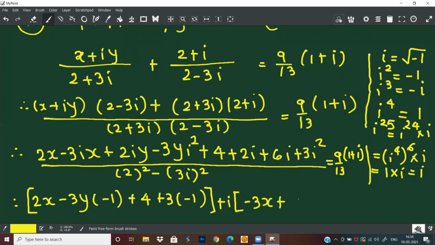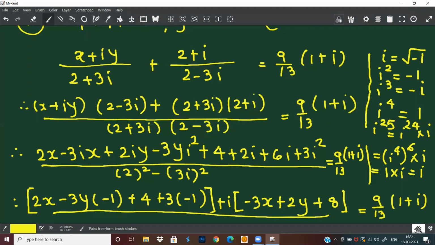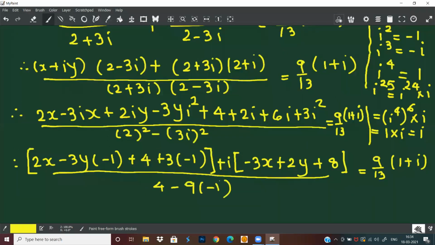Minus 3x. x is 1 and the value of i. This is 4 minus 3, squared is 9, i squared is -1. So this comes to 13. This 13 you can cancel with this 13 directly.